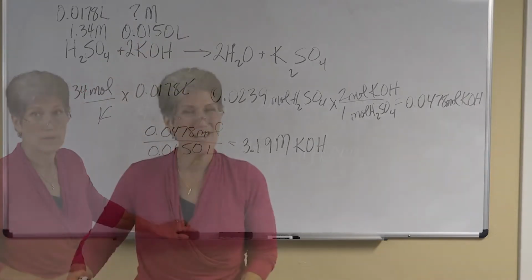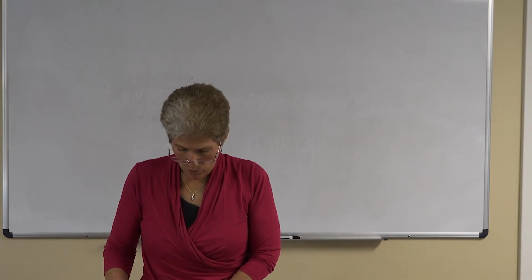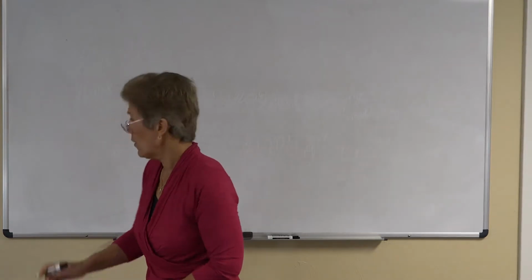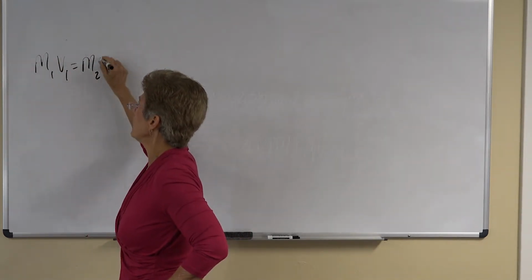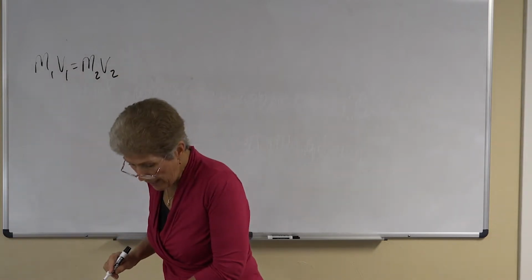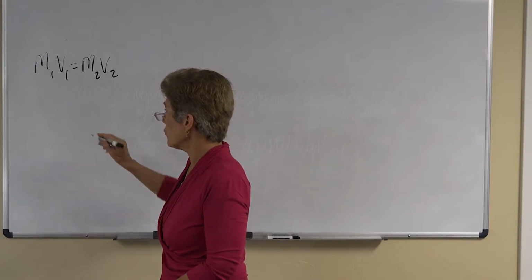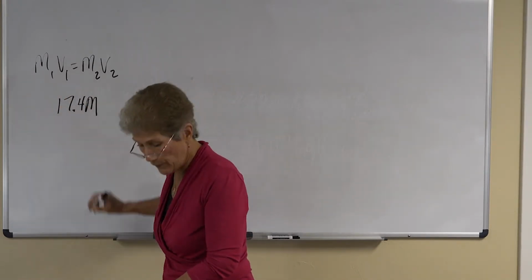Number 8, concentrated acetic acid is 17.4 molar. How would you make 750 mils of a 1.5 molar acetic acid solution from concentrated acetic acid? Well, we know that M1V1 equals M2V2. And the concentrate is the first one. It's where you're starting. So I'm going to put that in, 17.4 molar.